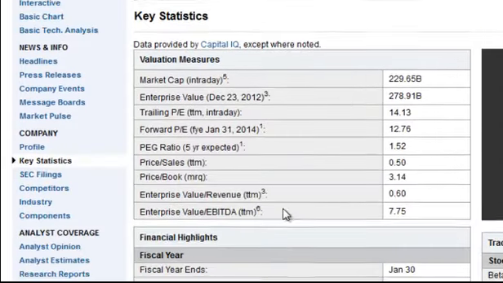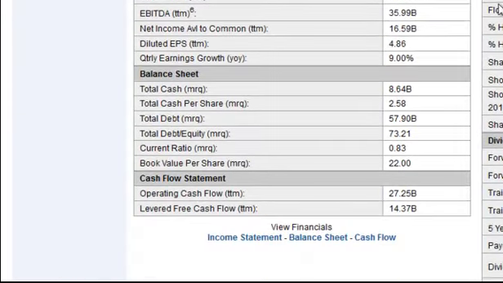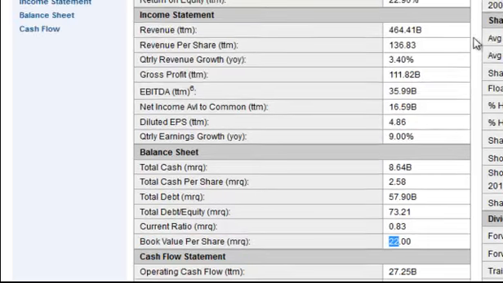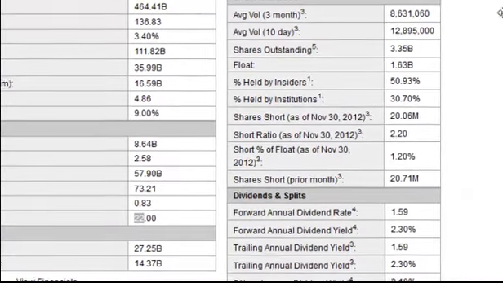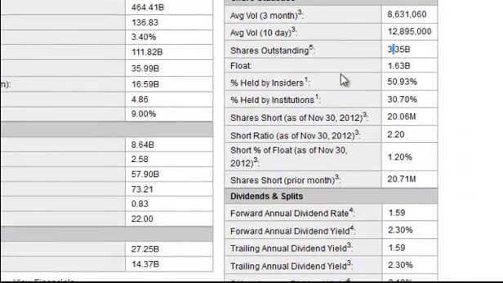Scroll on down here and you'll find we have a book value per share as of the most recent quarter at $22. They simply took that number I was showing you a moment ago, got the shares outstanding, and divided that previous number by the shares outstanding. So they have the total shareholders' equity minus the preferred stock and other equity, and then you divide by the shares outstanding, and that would give you the book value.